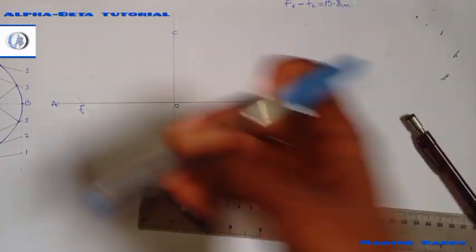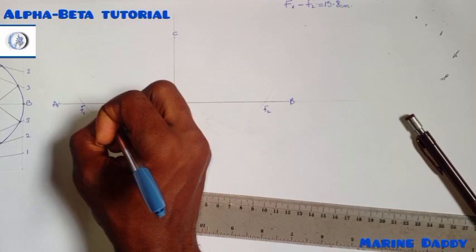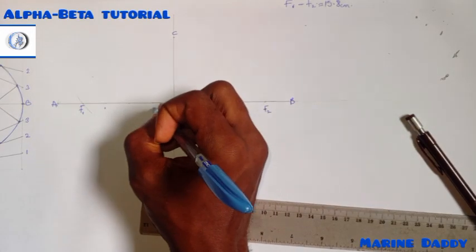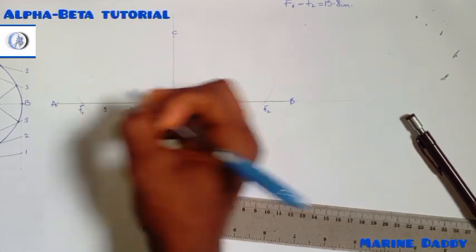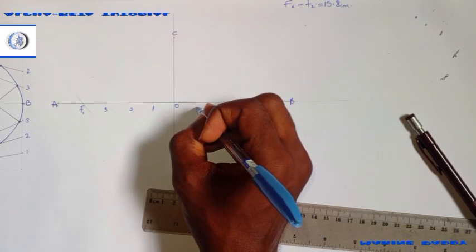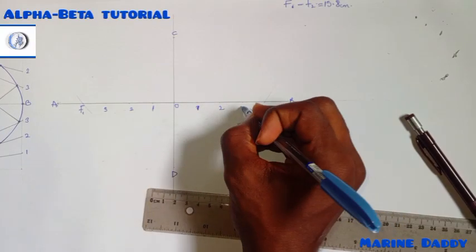Okay. So with that, I can now put my line. This is 0, right? So here becomes 1, 2, 3. We have 1, 2, 3.